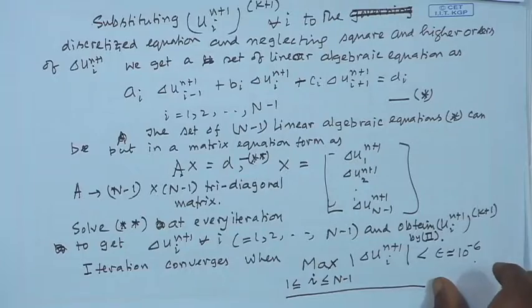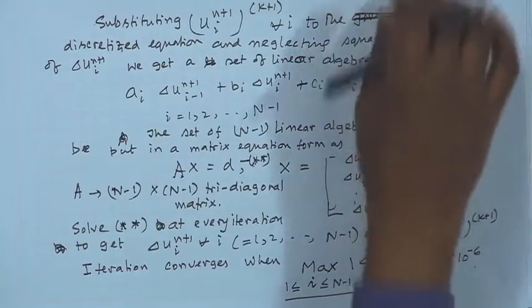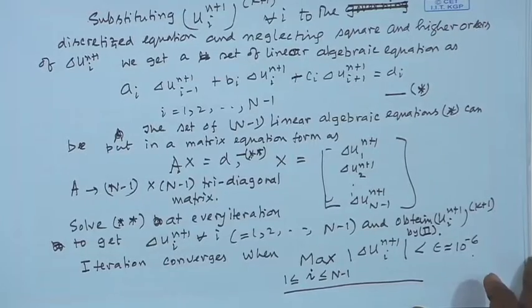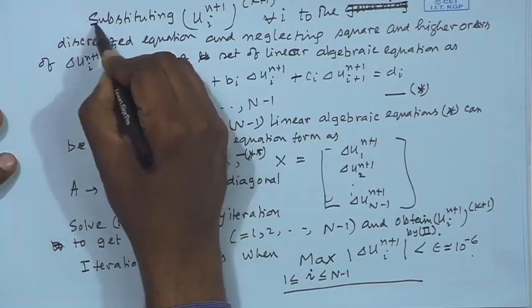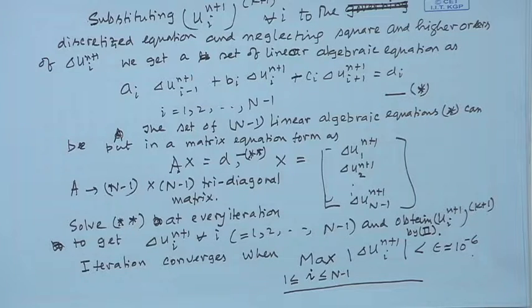Stable, as we have stated before, means that if a small amount of error is incorporated, either through truncation, round-off error or any other manner, and if that error is magnified in the subsequent time, in that case the scheme is said to be unstable. But if we find that the error is reducing as we proceed with time, in that case the scheme is said to be stable. The error is either going down or remaining constant.